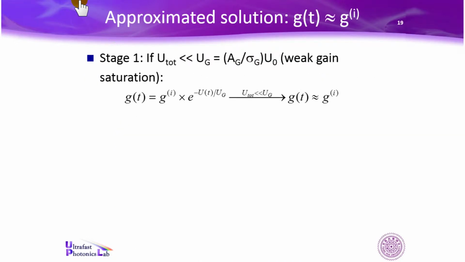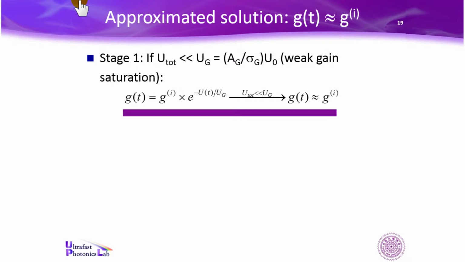But in solving the passive mode locking, we make some approximations. For example, in stage 1, we already assume even the total pulse energy is much smaller than the saturation energy. So it means weak gain saturation. Then this is the original stage 1 formula about the gain curve. If total pulse energy is much smaller than Ug, that means your exponent is a number much smaller than 1.